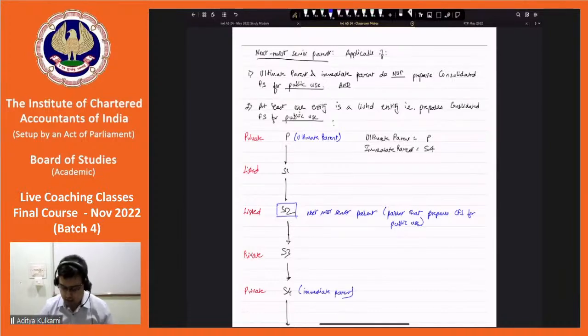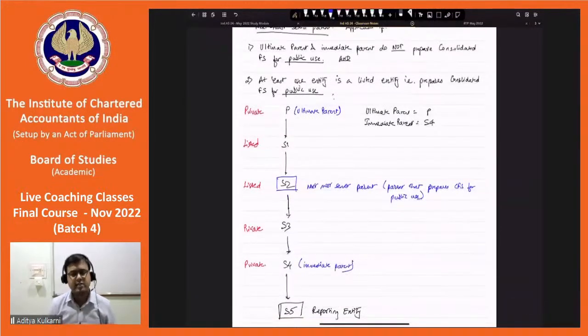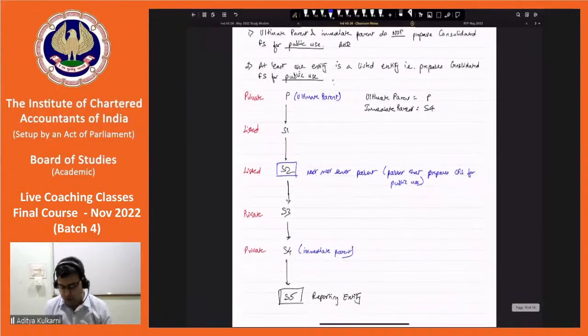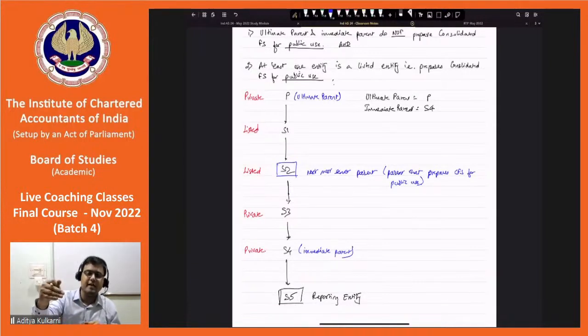Sir, what about S3? S3 will be there, but S3 is not the next most senior parent. It is just a parent company, because we are preparing the balance sheet of S5. From S5's perspective, the next most senior parent is who?